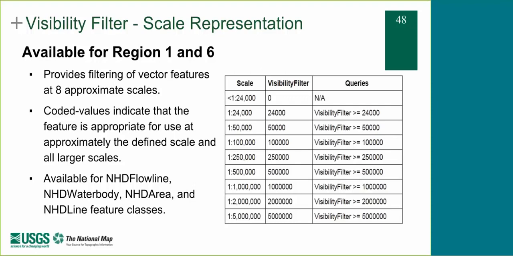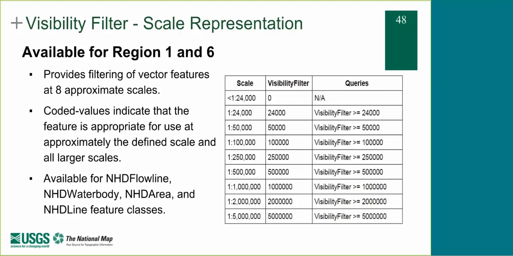If you look at this table on the right, we've listed some of the scales that we have available. The visibility filter is the actual coded value or the domain that you would enter into that attribute field. And then we've also provided you with some sample queries that you could use.